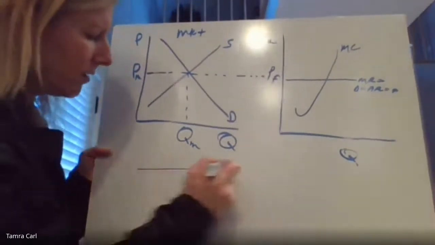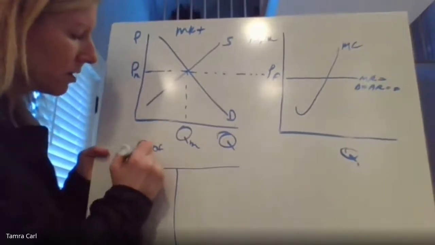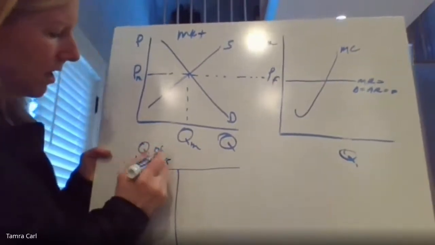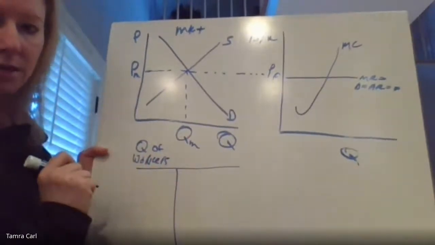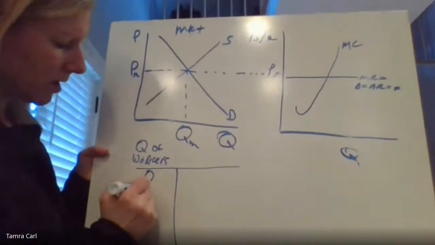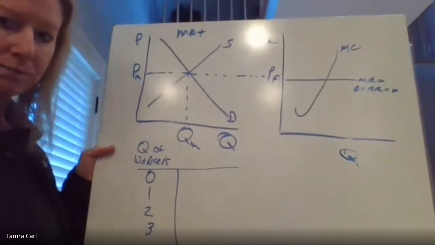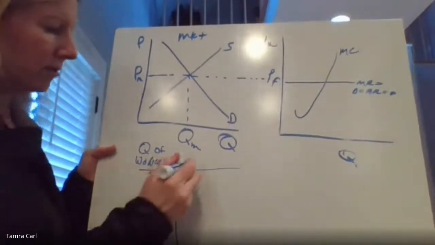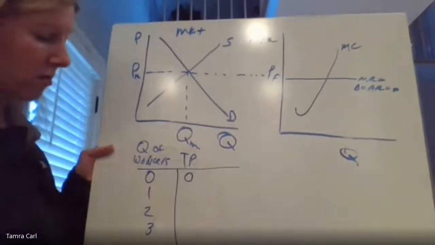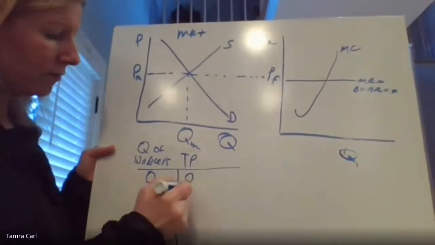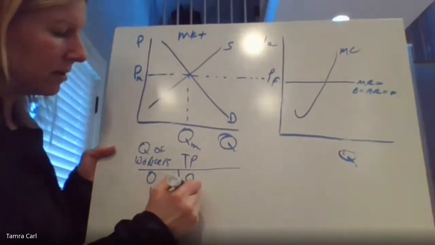And so you might have a chart here, and this would be the quantity of workers. Again, I'm looking at output increasing at a decreasing rate. So maybe I can fit in 3 workers. The zeroth worker has a total product of 0. Then the first worker, maybe they have 10 that they're adding.